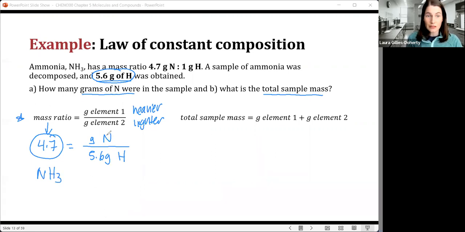So using this formula, we can solve for the grams of nitrogen. How many grams of nitrogen must have been in that sample to obtain a mass ratio of 4.7? Because no matter how little or how much ammonia we have, the mass ratio is always going to be 4.7, because the chemical formula is always going to be the same for ammonia. So let me grab my calculator here and we'll figure this out. To solve for grams of nitrogen, you need to get that by itself on one side of the equation. So we're going to multiply both sides by 5.6 grams of hydrogen to cancel that out.